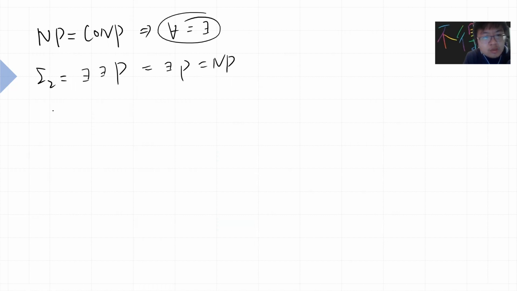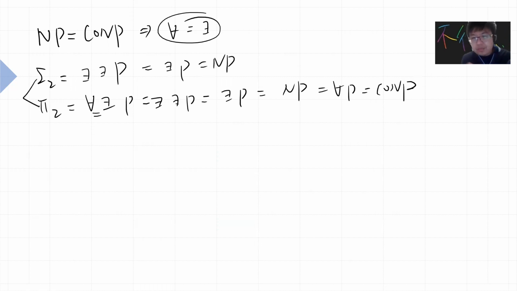Also pi 2 is for-all-exists P, which I can also replace by for-all P, which is coNP. So you can see that sigma 2 and pi 2 both belong to NP and coNP. Once you keep going, you get that sigma 3 and pi 3 are also NP or coNP.